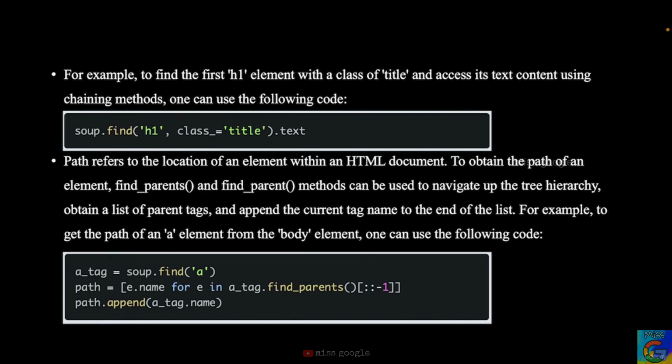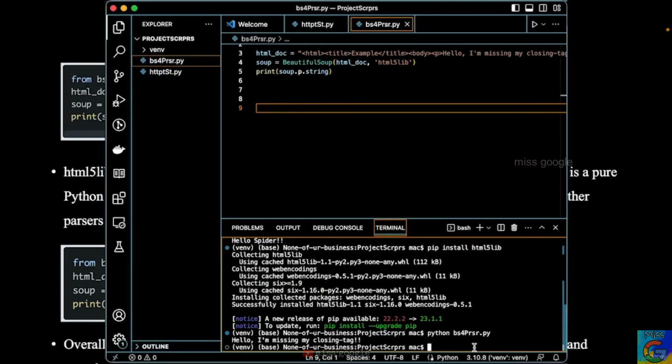As you can see here, we use soup.find, the Beautiful Soup instance dot the find method, and we pass the h1 tag to the method as well as the attribute class of title. Then we use the dot notation and pass to it the text attribute. The path here refers to the location of an element within the HTML document, and we have an example.